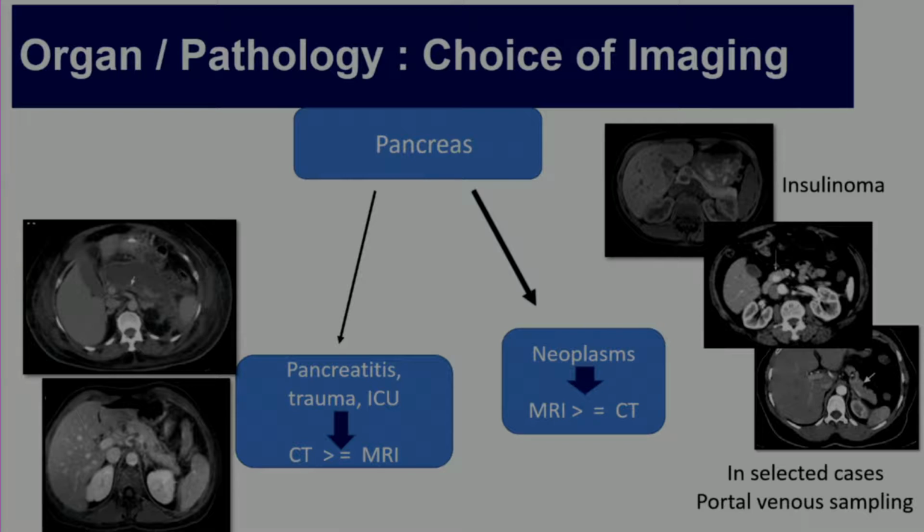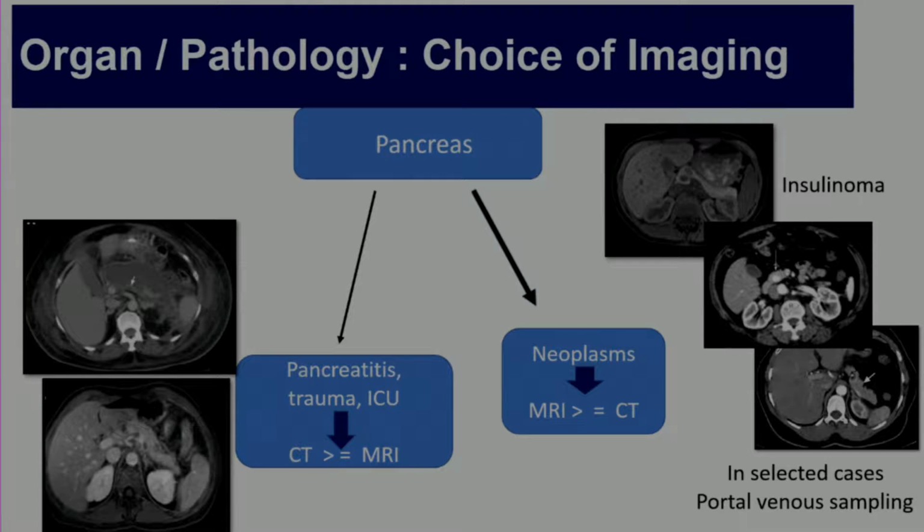Right, so when we think of the organs and the pathology, you all know the pancreas is a deep-seated organ, and the clinical scenarios are very non-specific. So ideally, you do either CT or MR, depending on availability, but in pancreatitis, trauma, and the ICU setting, we will definitely go for CT, because MRI takes time and is not so easy to do.